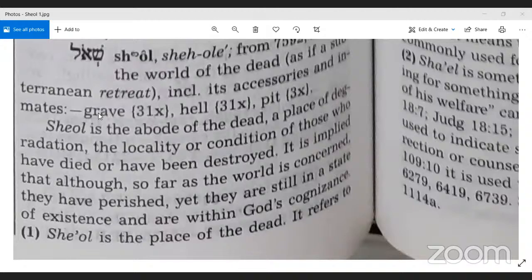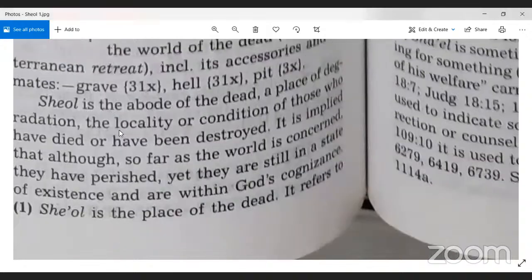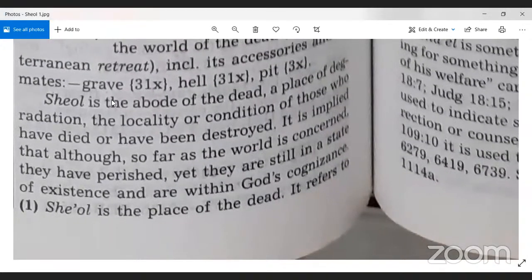Okay, so let's get to it. All right, so let's begin with the reading. Louis, do you want to read or shall I read? I'll read. Okay, so where are we? Right where the curse is? Sheol. Yeah. Sheol is the abode of the dead, a place of degradation, the locality or condition of those who have died or have been destroyed.